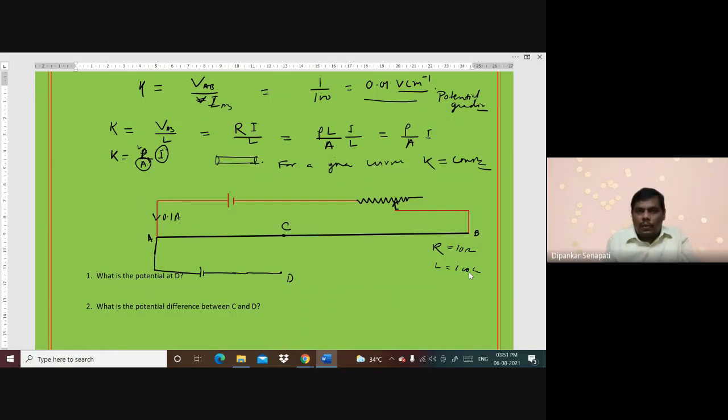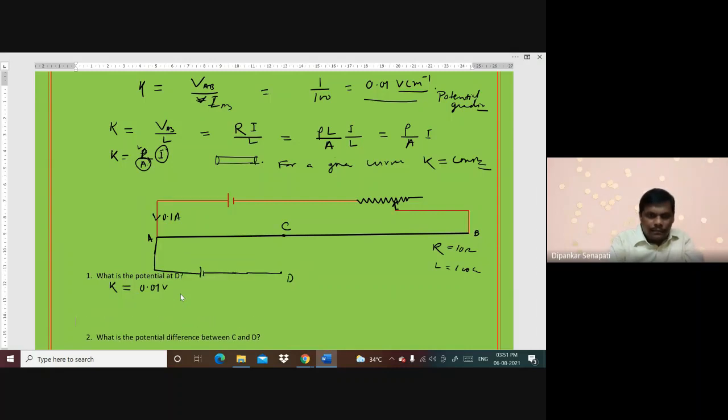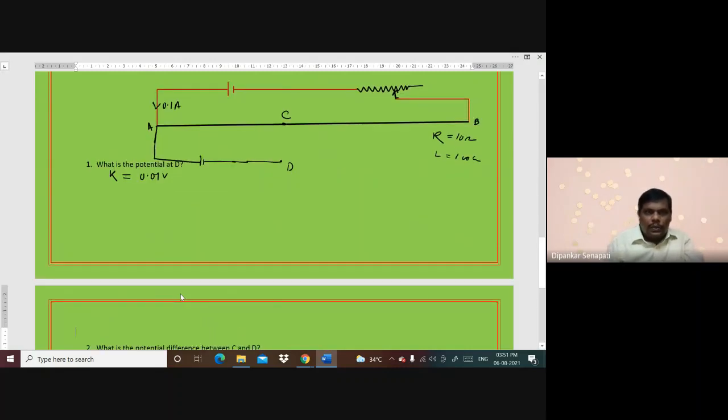Now let me know what is the potential gradient. We found the potential gradient K is equal to 0.01 volt per centimeter.